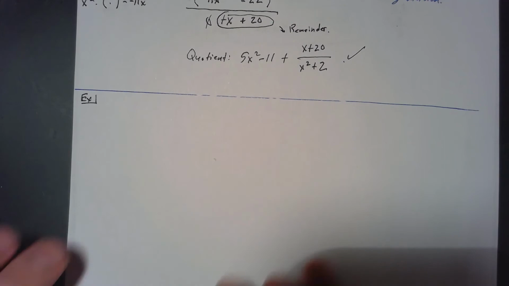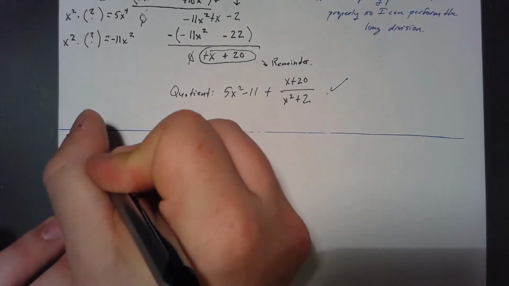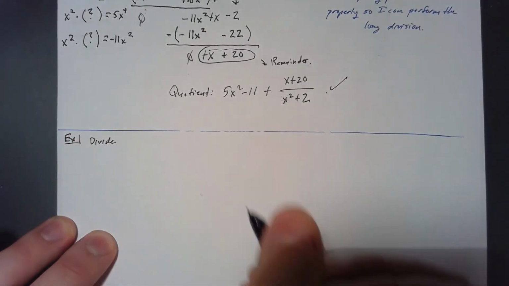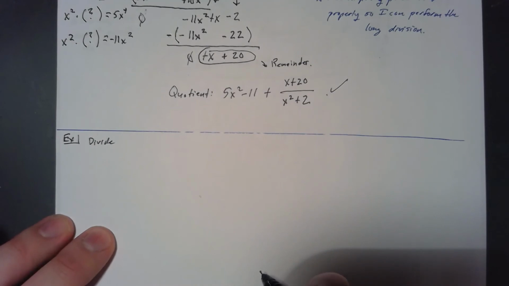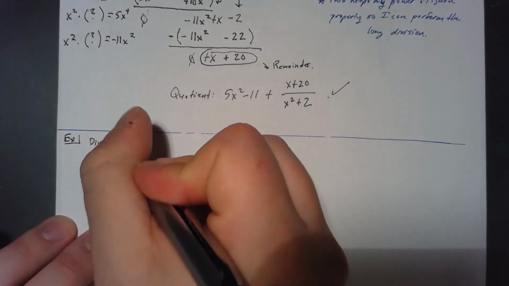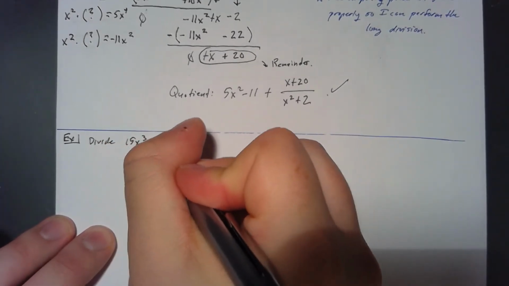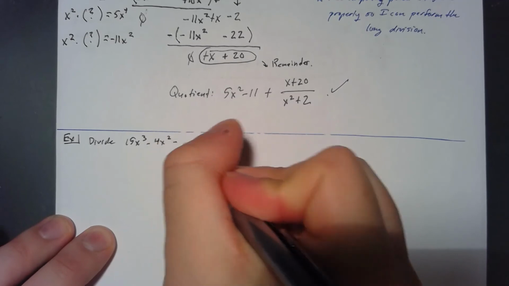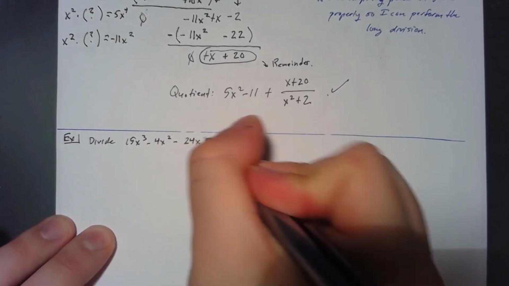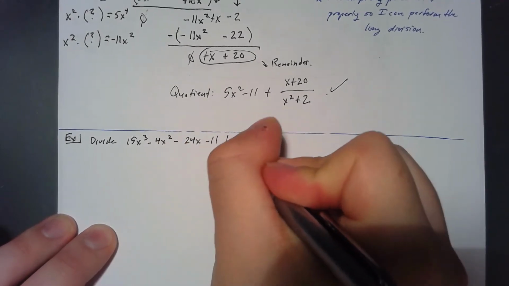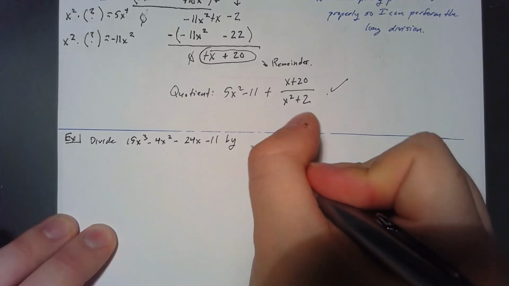All right. Divide 15x cubed minus 4x squared minus 24x minus 11 by 5x plus 2.